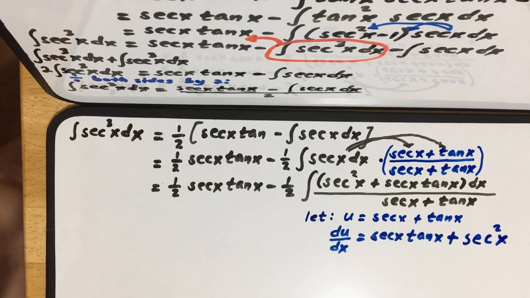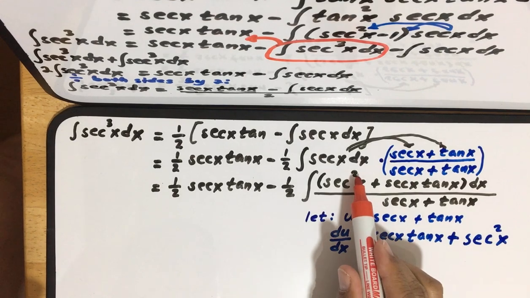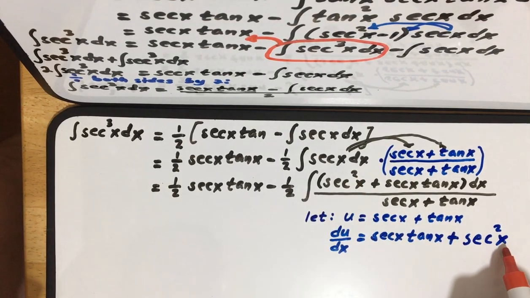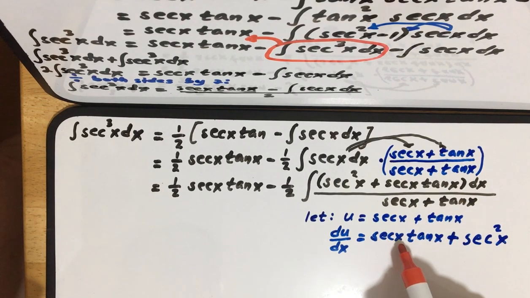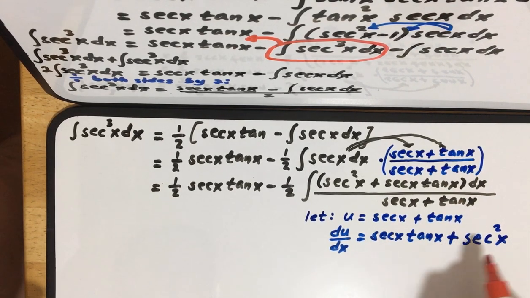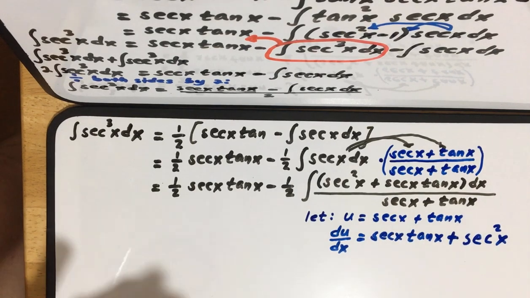Okay, so if you look at the numerator, we have the term secant squared x. We also have secant squared x. We have secant x tangent x. So we have secant x tangent x. It's just a matter of the position of these terms here. We can rearrange.